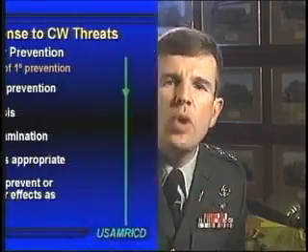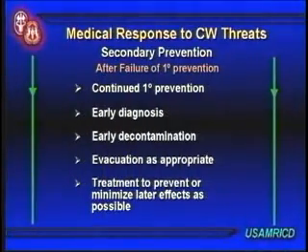Intervening in the space between exposure and the development of clinically evident signs and symptoms is what is called secondary prevention in public health. In this phase, early diagnosis can lead to a much better outcome for the patient despite the failure of primary prevention to prevent the exposure itself.